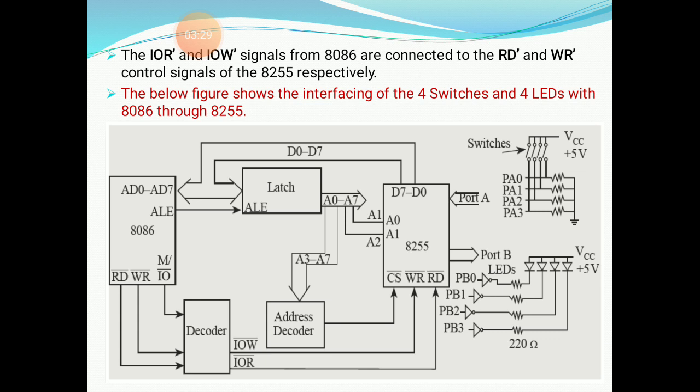In this diagram, port A of 8255 is used as the input port, which carries the switch pattern of the switches. The 4 lines of port A, PA0, PA1, PA2, PA3, are connected to the switches, and port B is used as the output port. The 4 lines of port B, PB0, PB1, PB2, PB3, are connected to LEDs by using inverters called drivers.